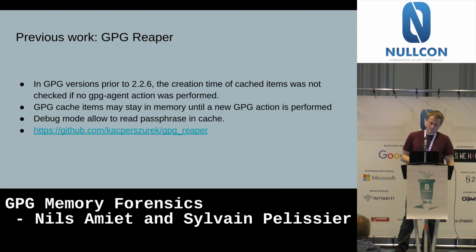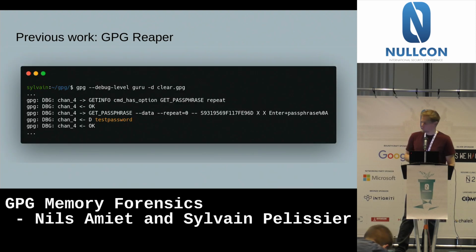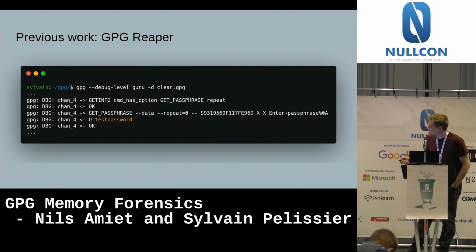And since there is a debug mode for GPG, it will let you see all the commands of the Assuan protocol in clear. So if you have access to a machine, you can get the passphrase which is in cache. You will see the passphrase going in clear in the communication just by using the debug level guru.